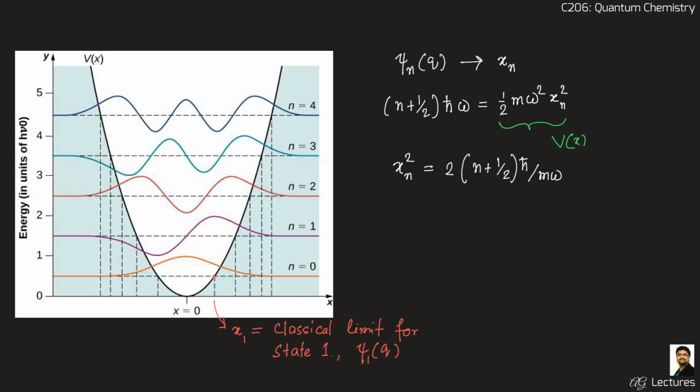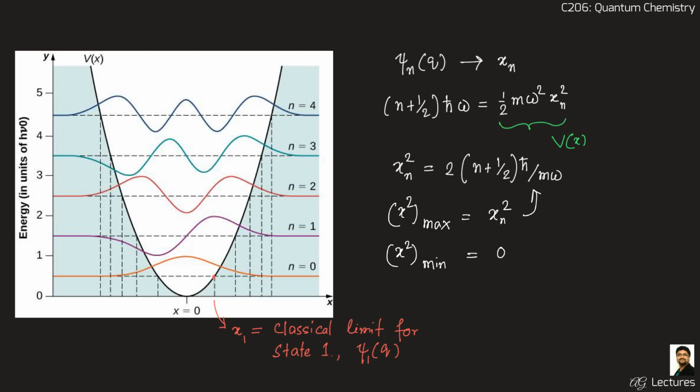I can write that x square max is simply the xn square that we have got here, and x square minimum is definitely 0.